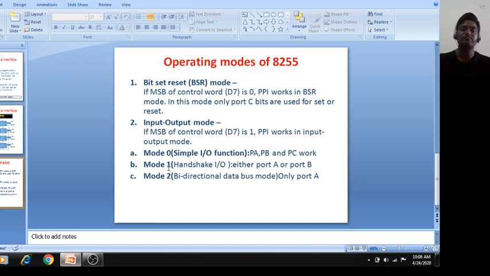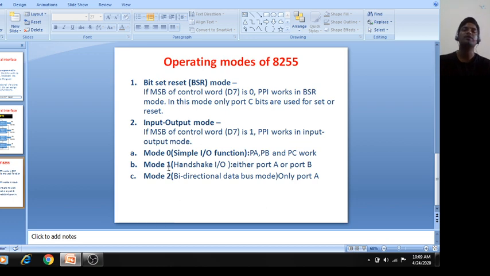In this mode, either port A or port B can work. What is the significance of handshake? It means before actual data transmission, you are sending some signal. For example, suppose the CPU wants to transfer data to a printer, but you know the speed of the CPU is very fast in comparison to a slow printer.